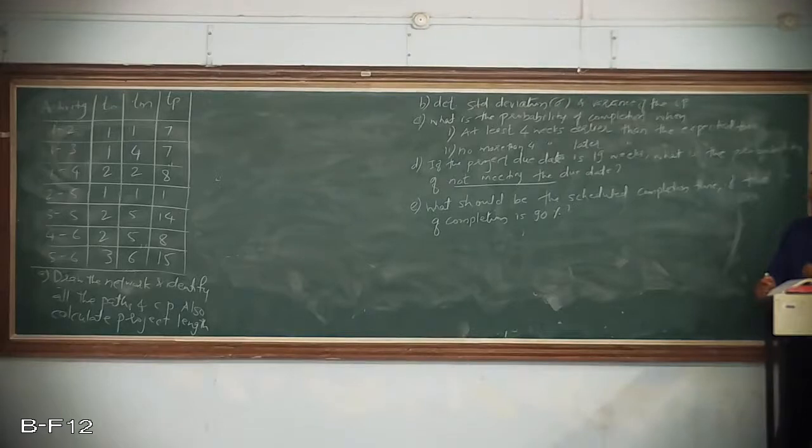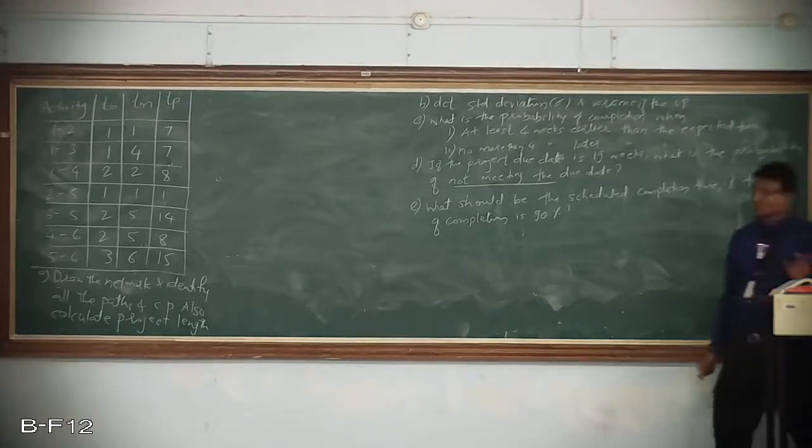Then in the last part, they have given the probability of completion and asked us to calculate the scheduled date. So we will solve this problem and see all these unknowns.